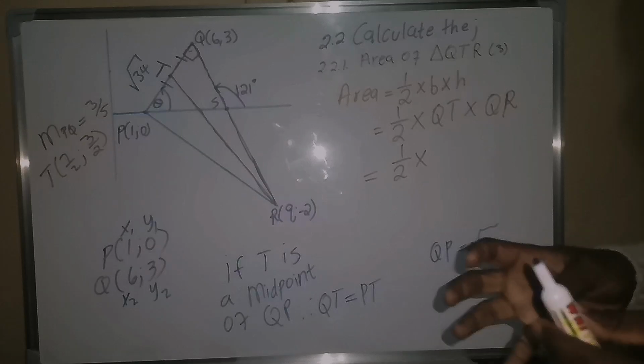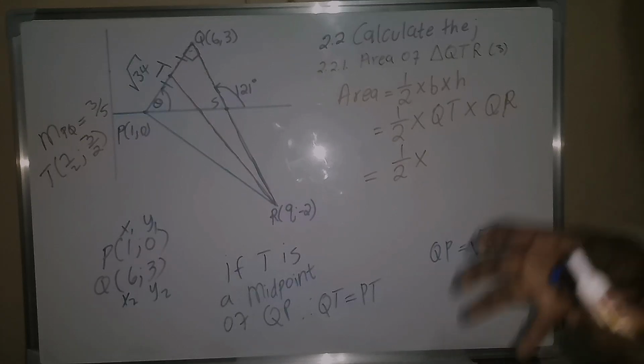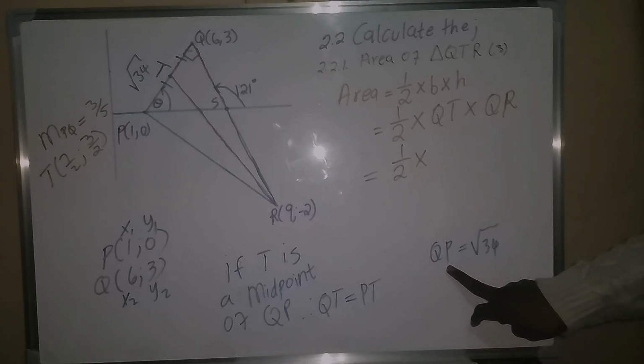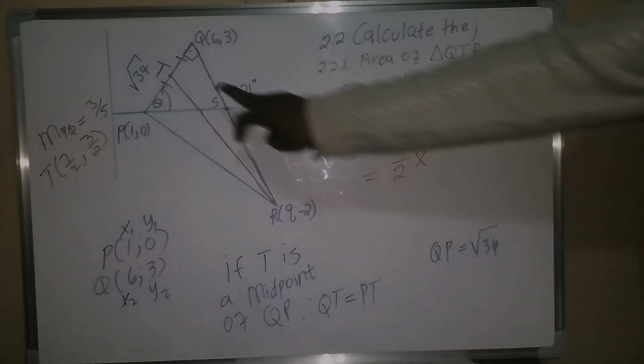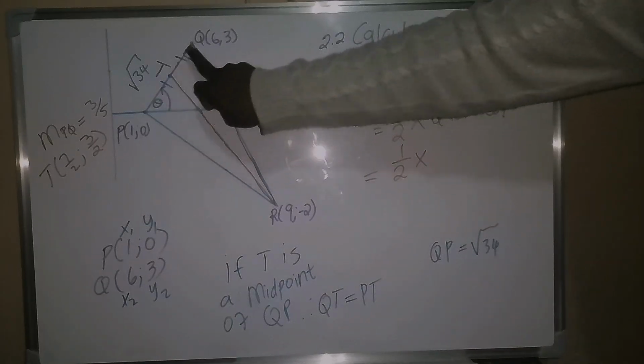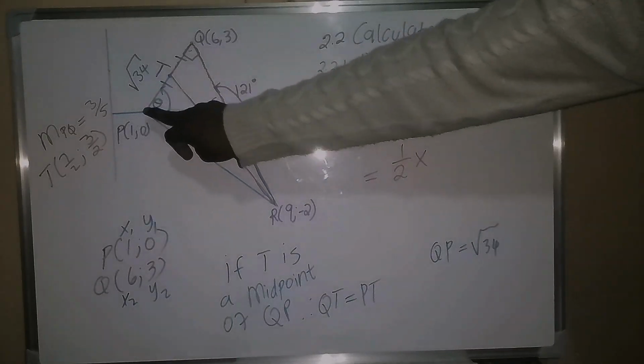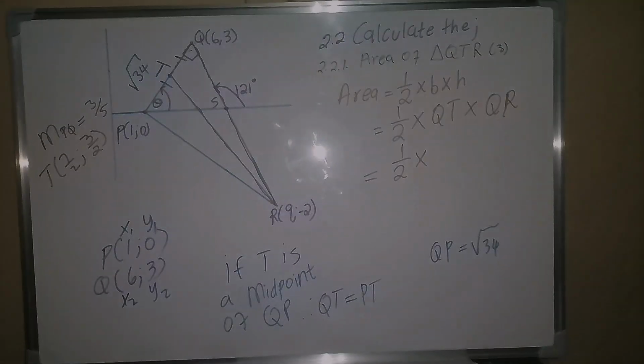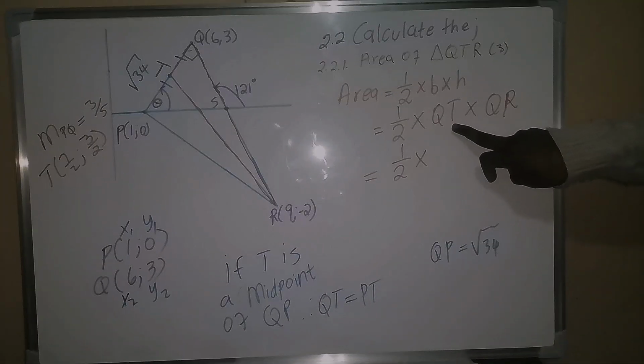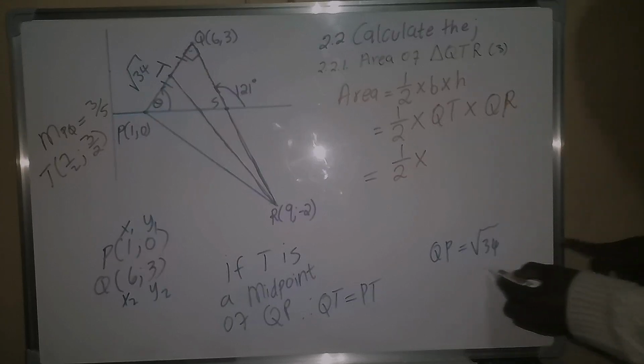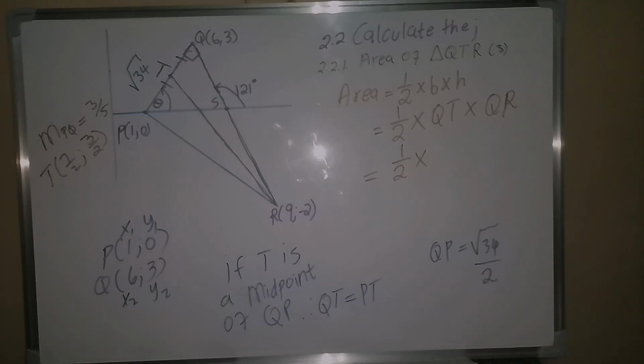When we add the length of QT and PT, they give us the whole length of QP. So for us to find the length of QT, we need to divide this square root of 34 by 2.